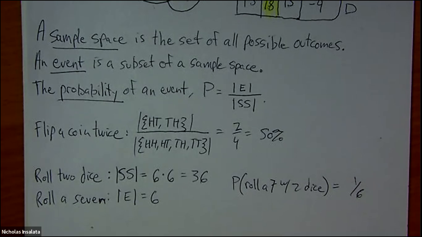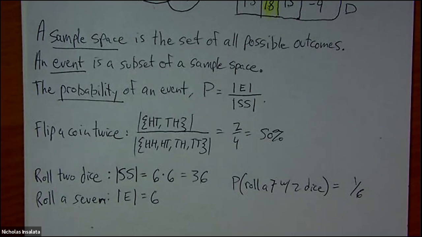What's another event that could happen when you roll 2 dice? You get an even number.